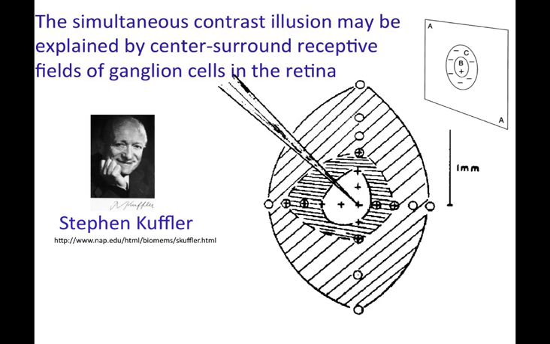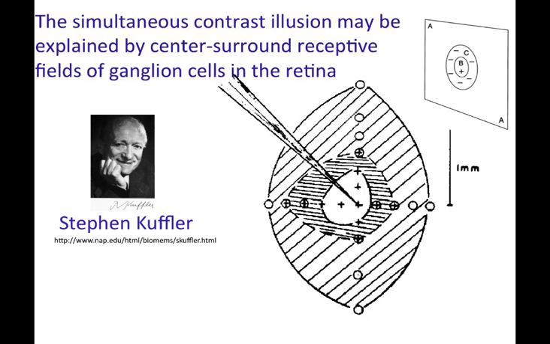Okay, so this is a picture of a receptive field of a ganglion cell in the retina. The person who discovered the function of these cells is a professor named Stephen Kuffler, and he was working in the early 50s in the Harvard Neuroscience Lab.